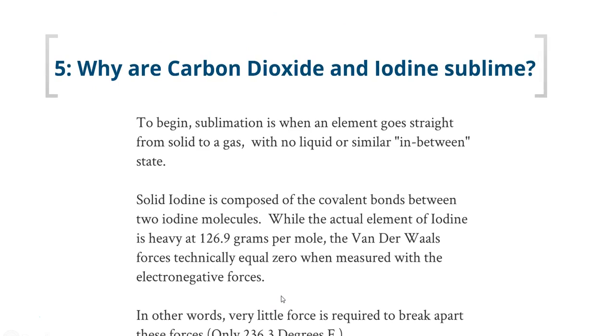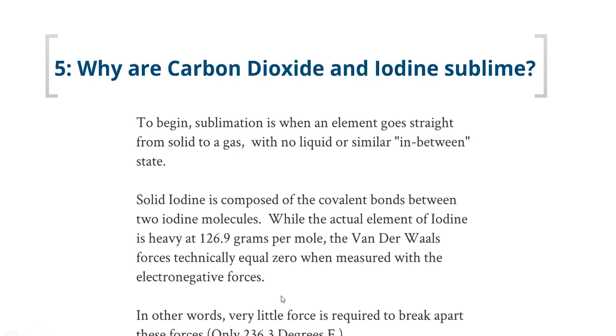Okay, this one, number 5, is trying to explain the sublimation of carbon dioxide and iodine. Both of these things don't really exist in an in-between liquid state. Iodine is composed of covalent bonds, and so is carbon dioxide.